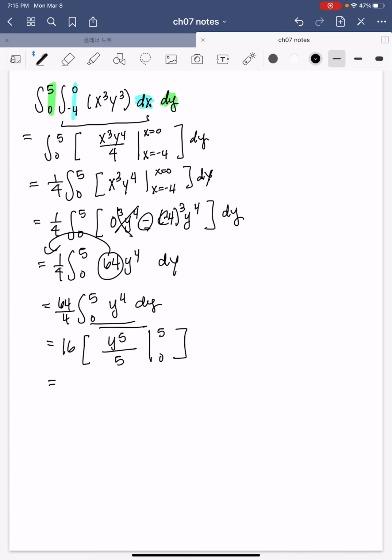This one, raised power divided by new power, y to the 5th over 5, from 0 to 5. So I have 16, 5 to the 5th power divided by 5 minus 0 to the 5th power over 5. So I'm going to have 16, and then 5 to the 5th power is 3,125 divided by 5 will give me 625 minus 0. 625 times 16.